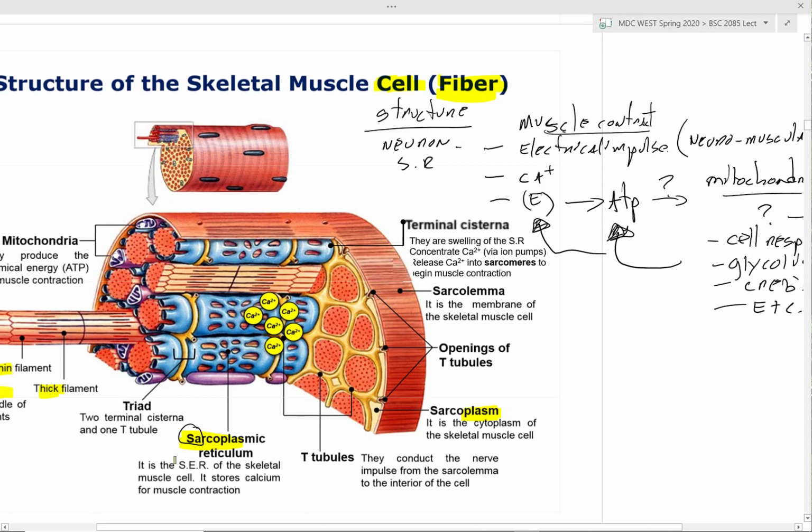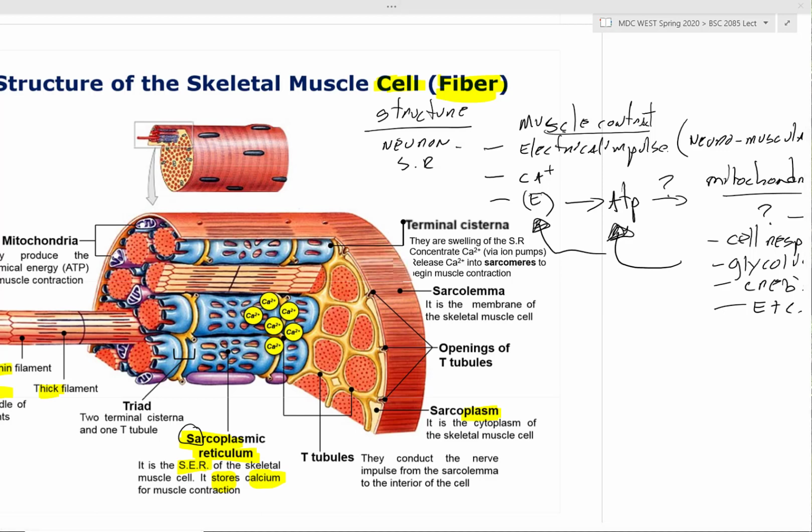And it's a reticulum, which is what we saw already, rough or smooth endoplasmic reticulum. And look, it says it is the smooth endoplasmic reticulum of the skeletal muscles. Correct? So, sarcoplasmic reticulum. What is the main function of that? It says right here, store calcium. So that's the structure.